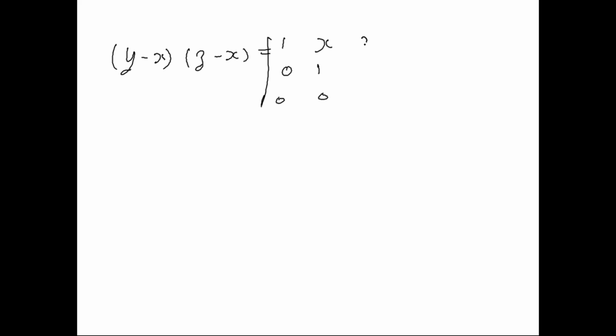Over here it is x cube, and over here it was y square plus yx plus x square, and the last value will become z square plus zx minus y square minus yx.